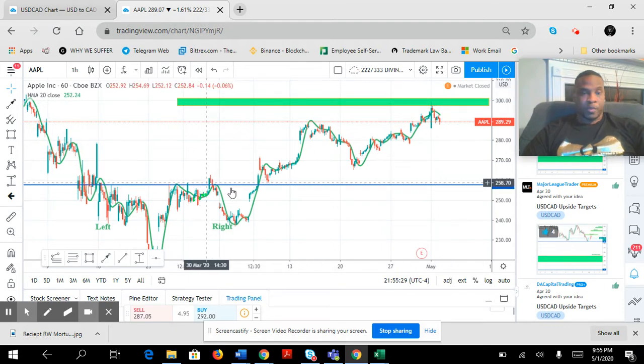Okay. So remember, you entered right here. You got in when it broke out at around $257 or so, and you got out as soon as it hit the green box around 297. That's a great trade.